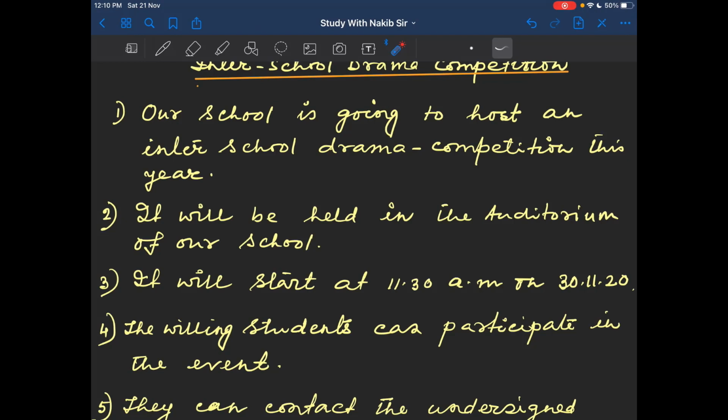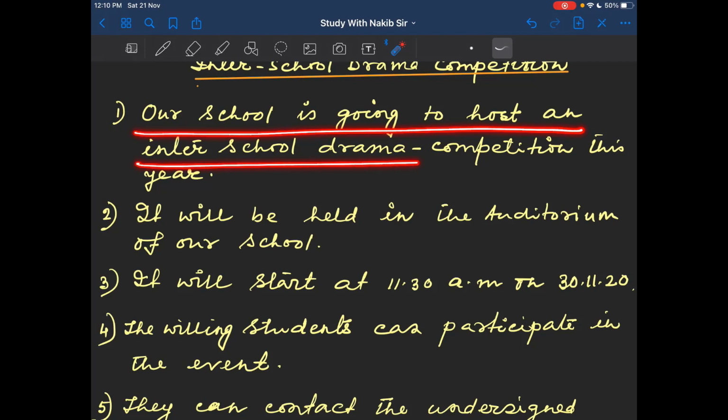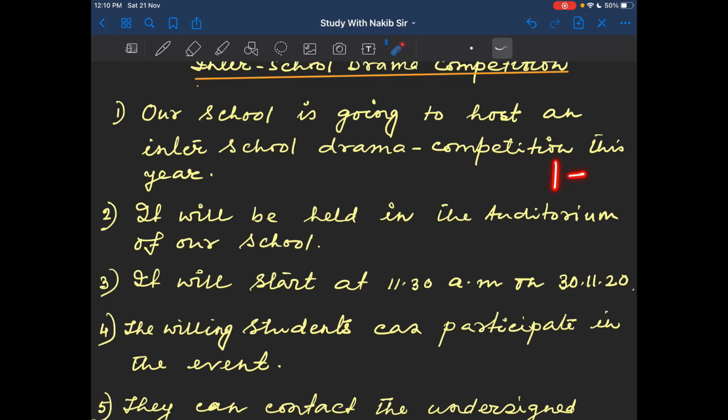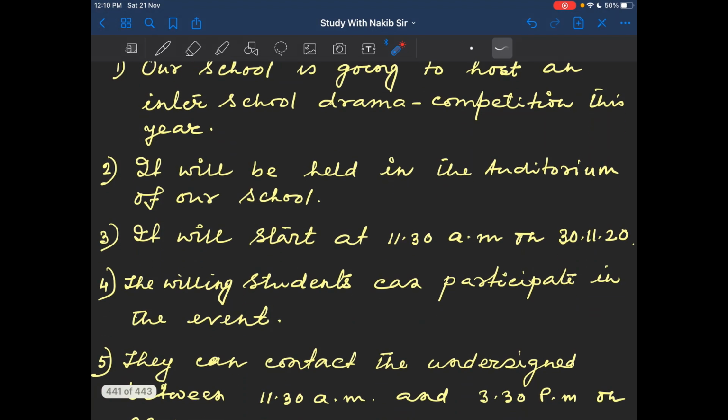So for the first point you have written, our school is going to host an inter-school drama competition this year. You will get 1 mark, and it will be held in the auditorium of the school.